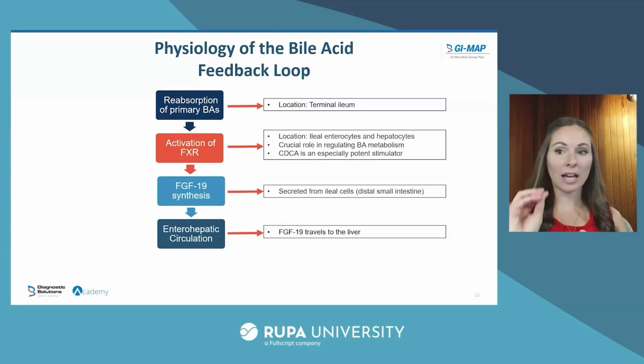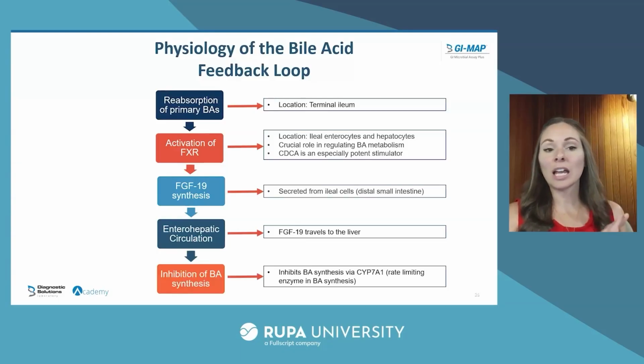So we get that production of FGF19 in the ileum. It's going to travel to the liver, and that's where it actually inhibits the synthesis of bile acids. So that is so important, this feedback loop. It inhibits one of the rate limiting enzymes in bile acid synthesis. So if everything's functioning properly, this is what we see. But obviously, it's not always functioning properly.